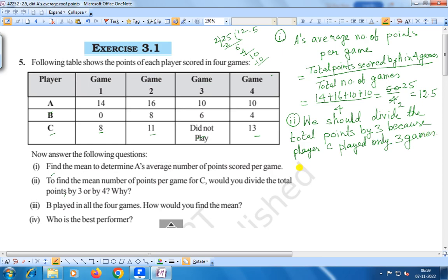Now question number 3. B played in all the 4 games. How would you find the mean?